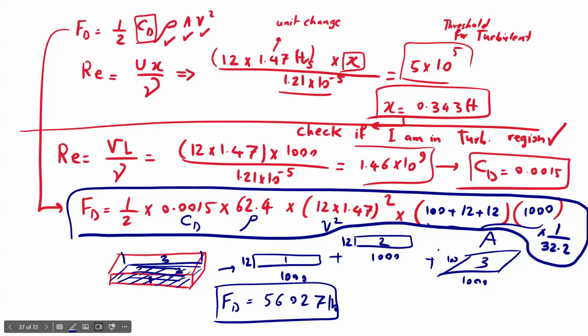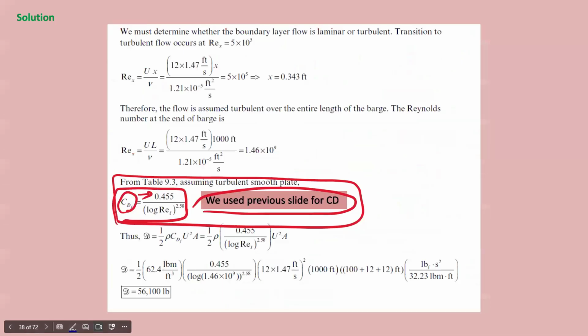So you need to have surface tension on that, which is the bottom one and the two sides. Up, no, because there is no water there. I consider bottom and two sides, and this one no, because the force is perpendicular to that one. So this is my answer. This is the one that the solution gave to you, and the reason for the difference is our consideration of the CD.